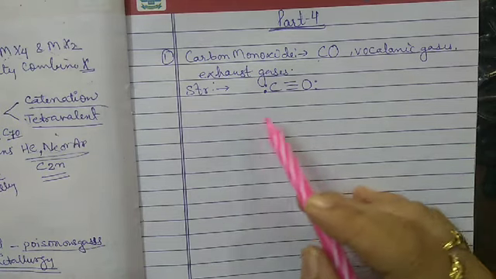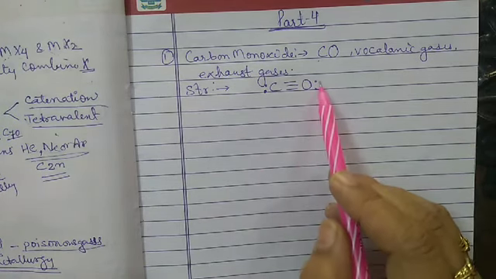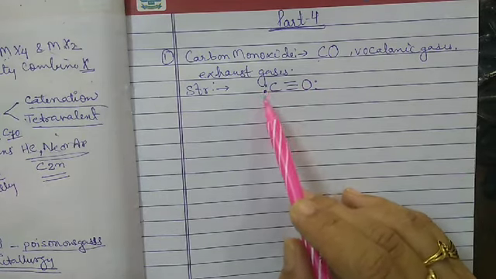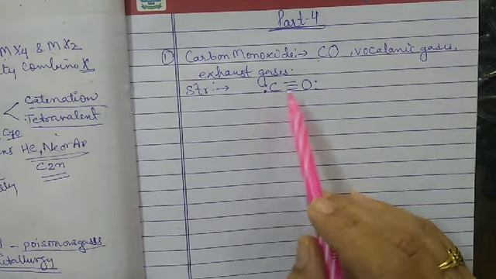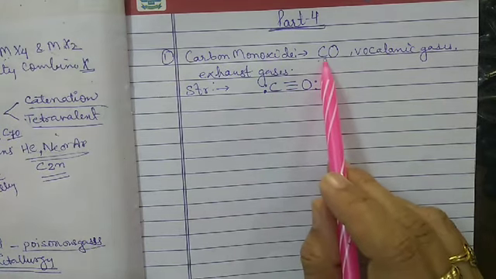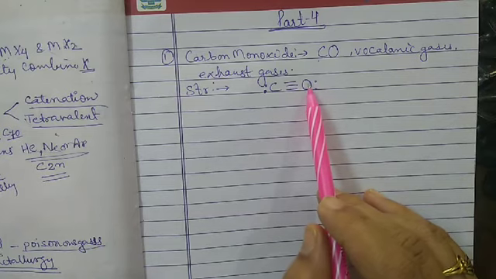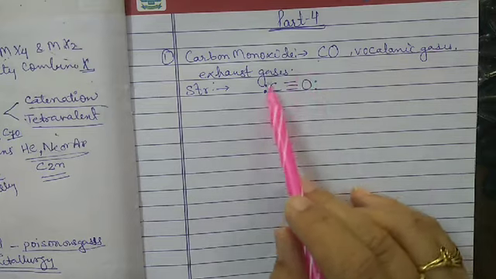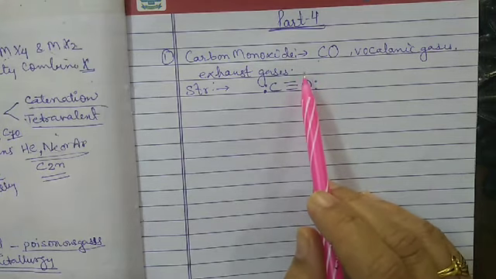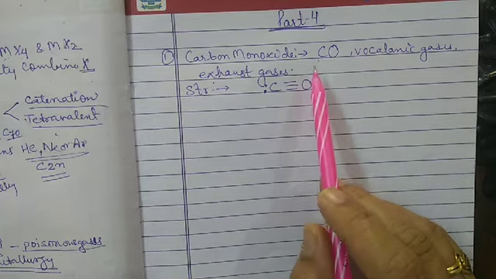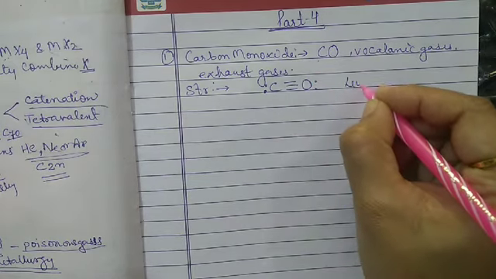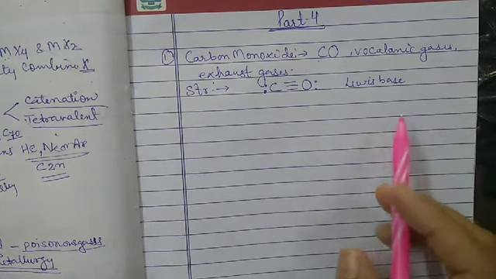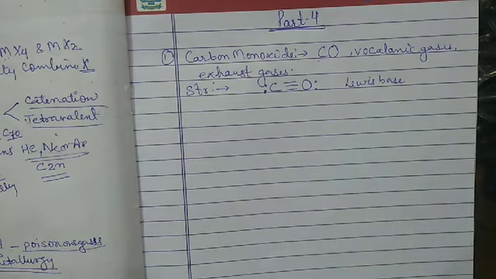Because of the presence of the lone pair of electrons on the carbon atom, carbon monoxide, that is CO, acts as an electron donor. It means it acts as a Lewis base.